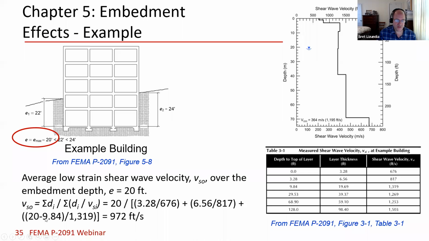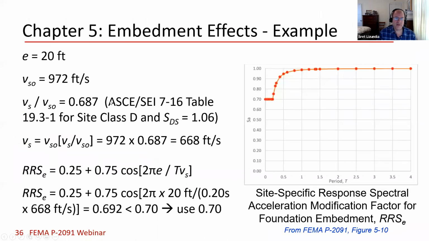So see in the equation down here, 20 minus 9.84, that's because the next layer transitions at 9.84 feet. So this gives us the low strain shear wave velocity, what we call VSO, 972. And then we go into those tables again to get the conversion to the effective shear wave velocity. In this case, that's 0.687. Multiply those values together, we get 668.